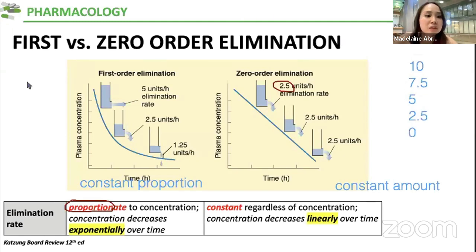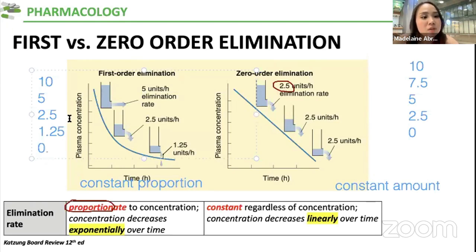Then, si first order, nag-start tayo ng 10. Kunyari, para maging half. 10, half ng 10 is 5. Half ng 5, 2.5. Half ng 2.5, galing nyo naman mag-math. So, 1.25. Half ng 1.25 is 0.625.